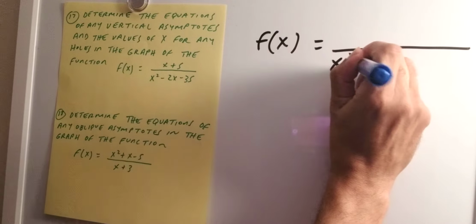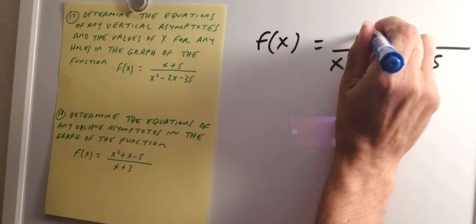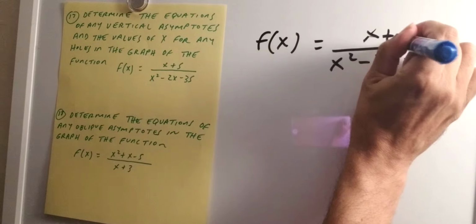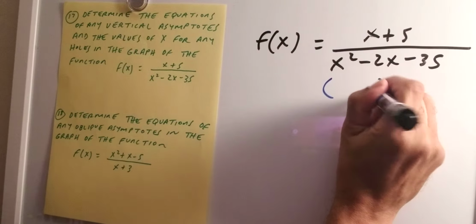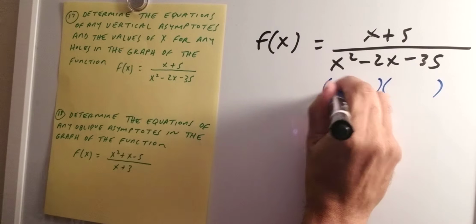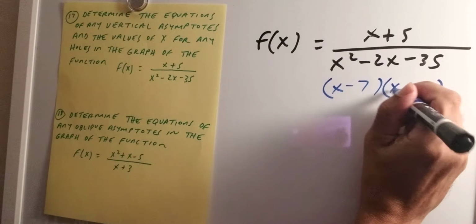x squared minus 2x minus 35 in the denominator, x plus 5 in the numerator. We need to factor the denominator into two binomials, x minus 7 and x plus 5.